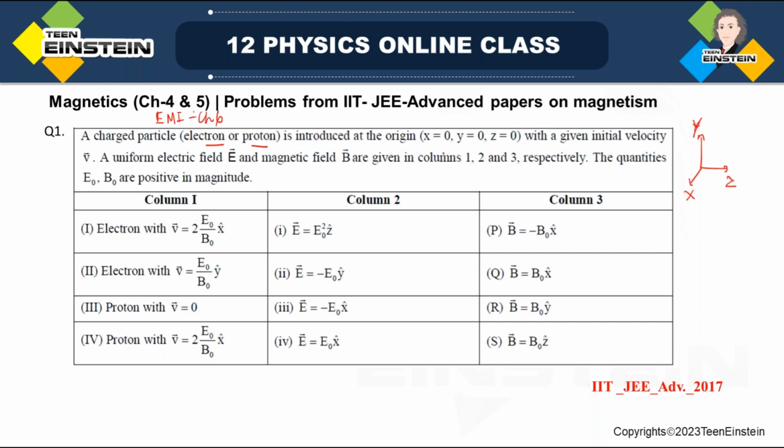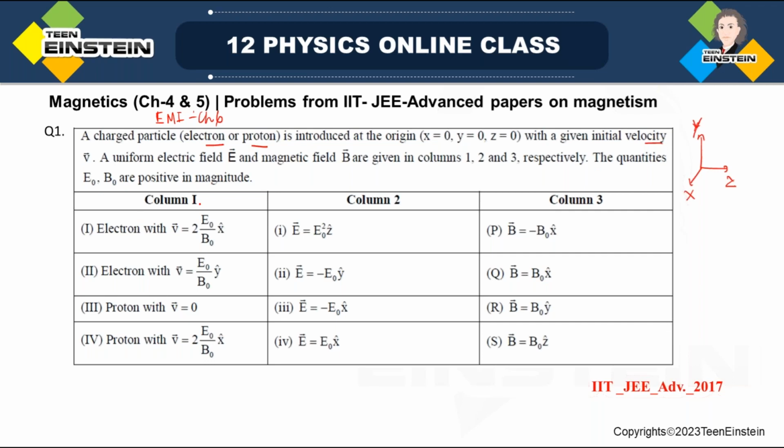And the particle is introduced with a given initial velocity v, a uniform electric field E and magnetic field B are given in column 1, 2, and 3 respectively. The quantities E0, B0 are positive in magnitude.